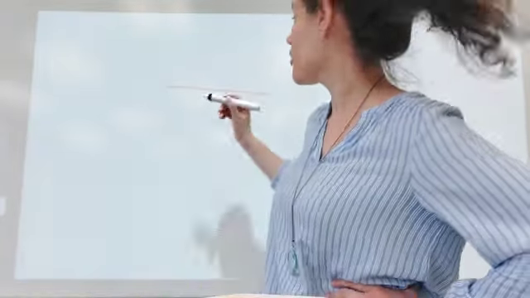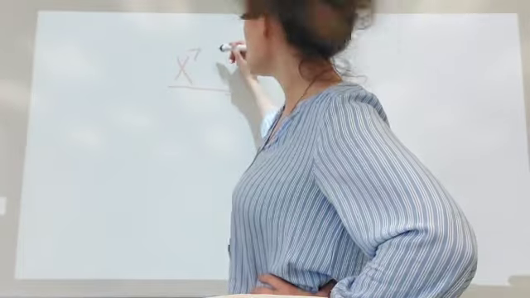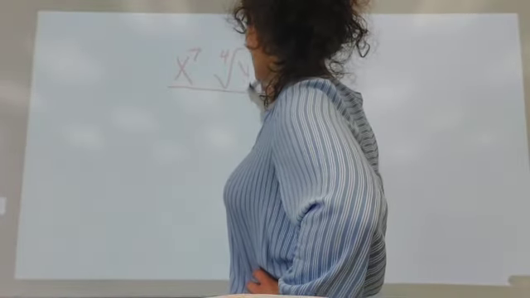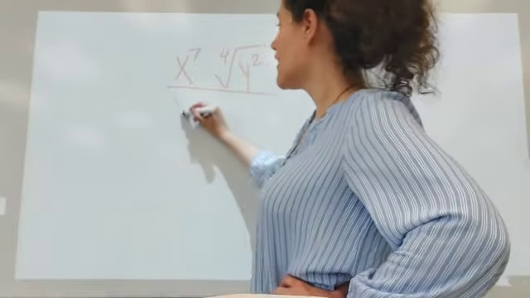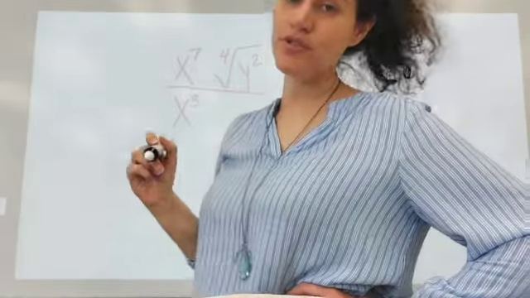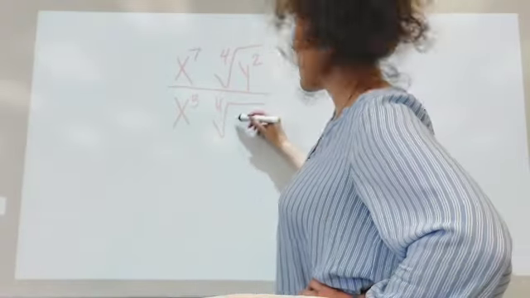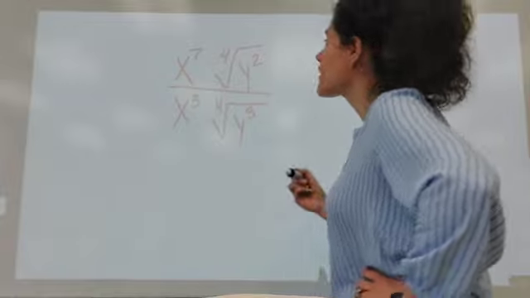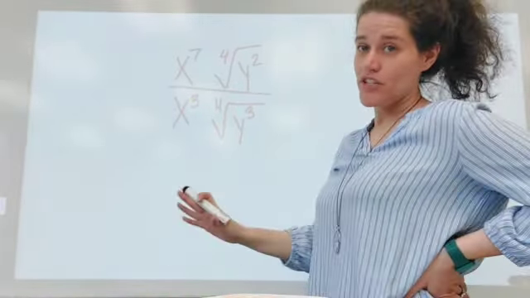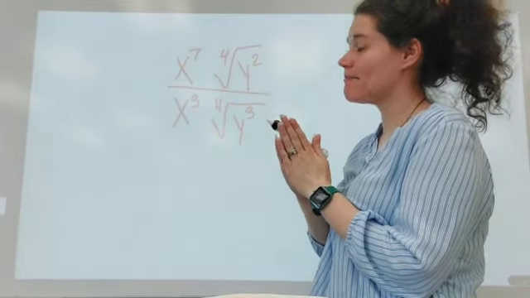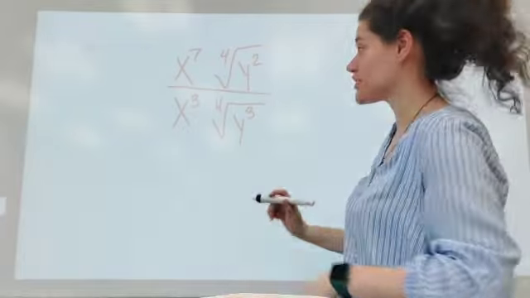So let's say I've got x to the 7th, 4th root of y squared, and that's being divided by x cubed, 4th root of y cubed. Okay, so remember what we did before with division, where we basically end up making kind of 2 columns of fractions here.